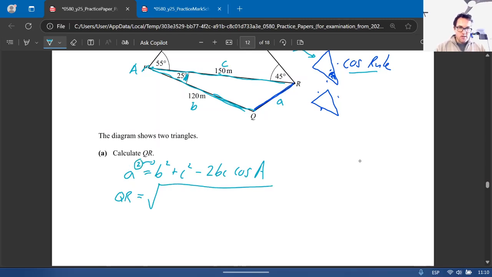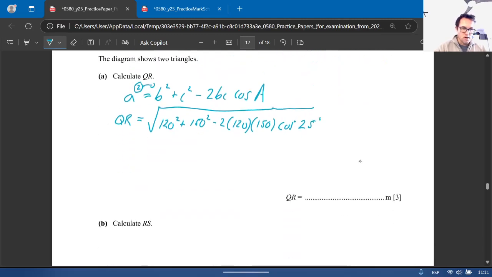Then b and c, the two sides in any order: 120 squared plus 150 squared minus 2 times 120 times 150, let's extend this line. And then cos, and then the angle that's opposite the side we want to know, 25. Nice. Right, so we just need to put that into the calculator.